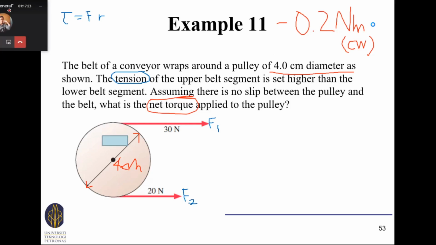One rotation because of F1. Because if you don't have F2, F1 will rotate like that. If you don't have F1, F2 will make this rotate in that direction. So in other words, they are not cancelling each other because one of the forces is bigger. They are not the same.